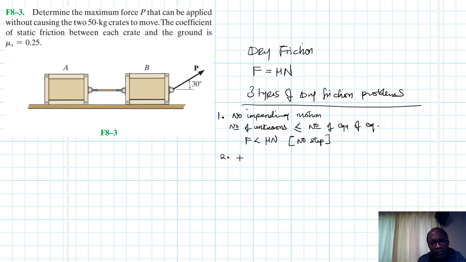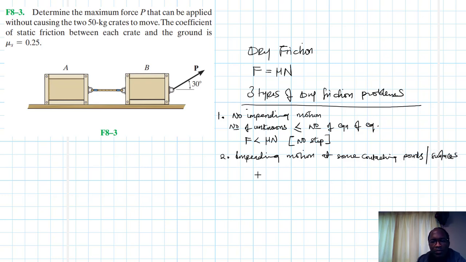The second one is where we have impending motion at some contacting points or surfaces.